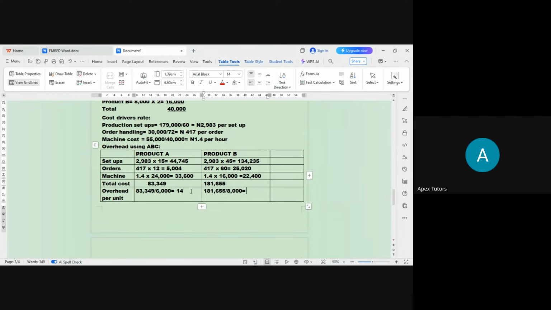Okay, 13.89. It's approximately that. The marker will still mark whichever. Then for this is what? 22.7. So this is what they want us to do for that.